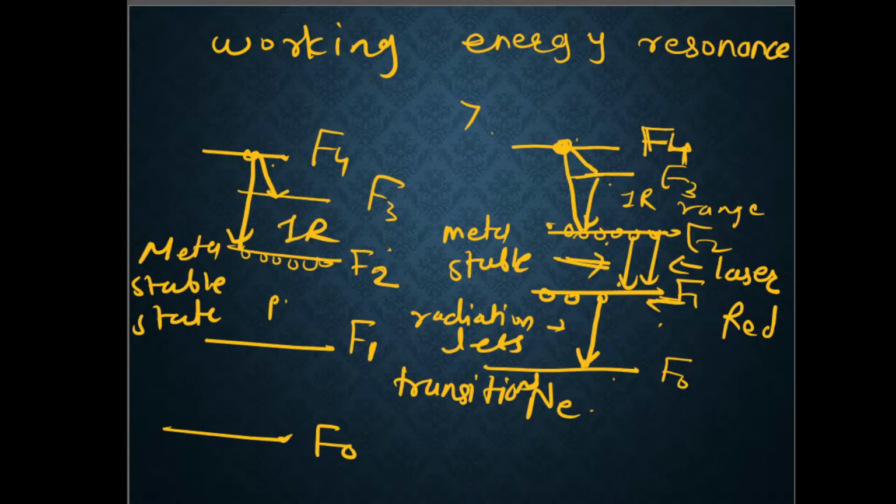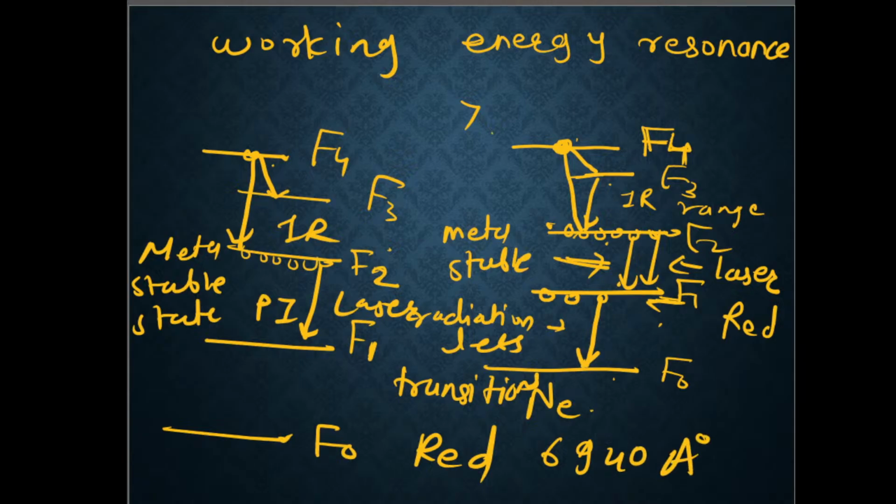So the population inversion, PI, condition will be acquired, and then the transition happens and laser light comes out through this transition. The color of this transition is red, with a value of 6940 angstroms.